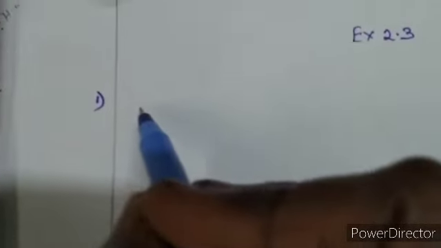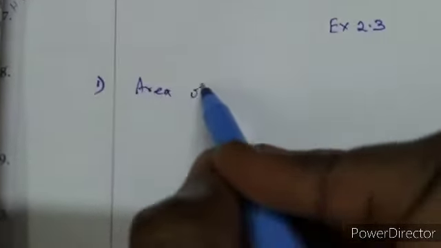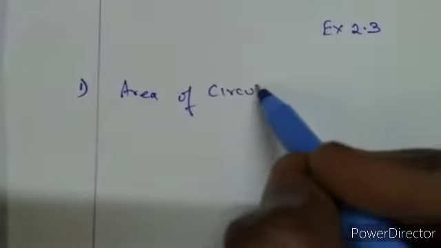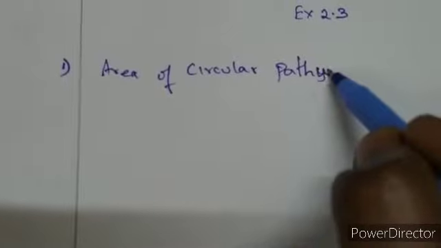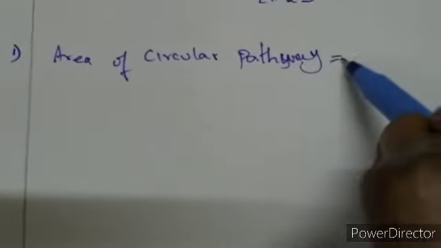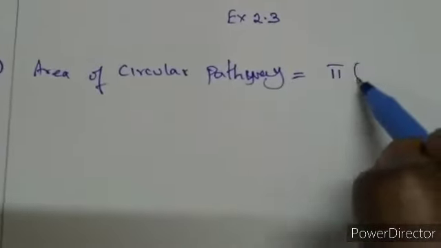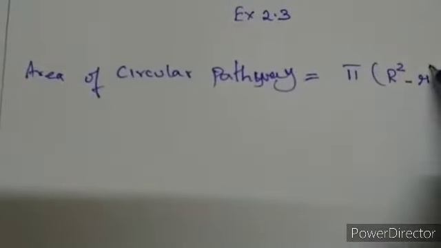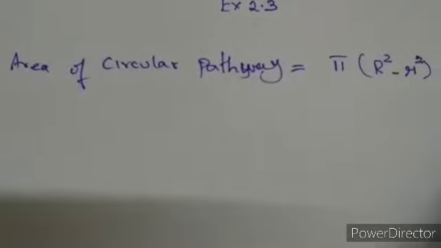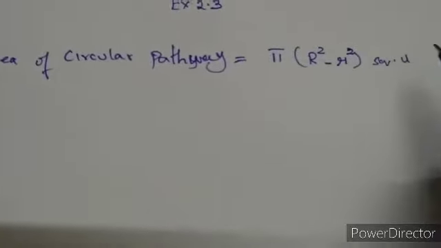Now, what is the formula to find the area of the circular pathway? That is equal to pi capital R square minus small r square, square unit.